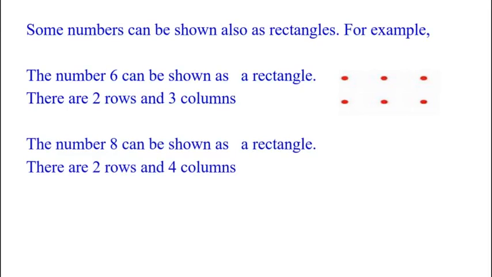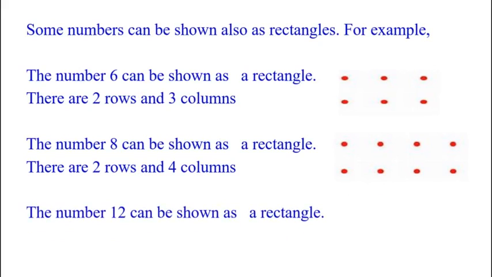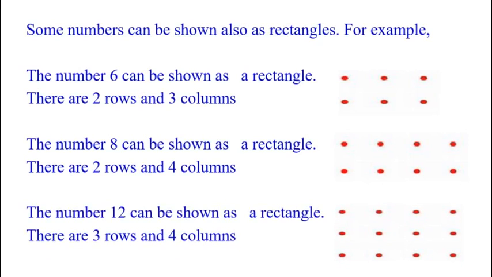The number 8 can be shown as a rectangle. There are 2 rows and 4 columns like this. So this is the representation of 8 as rectangle. The number 12 can be shown as a rectangle. There are 3 rows and 4 columns like this.